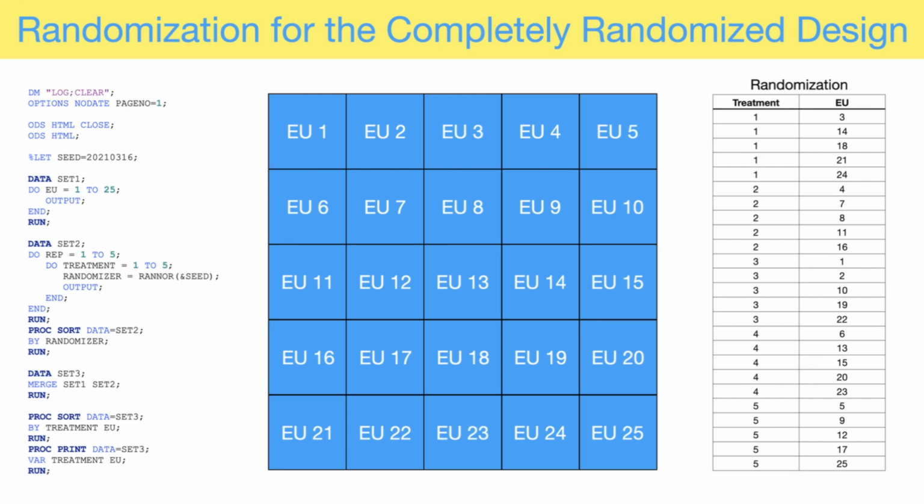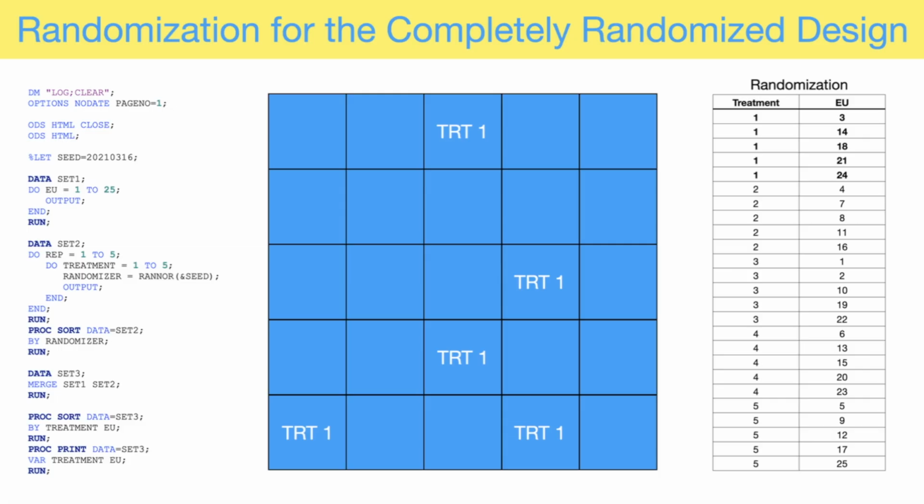And so I've got the experimental unit numbers in the second column showing us which experimental units each of the treatments is assigned to. For example, we see that treatment 1 is assigned to experimental unit 3, experimental unit 14, experimental unit 18, experimental unit 21, and experimental unit 24. Treatment 2 is assigned to experimental units 4, 7, 8, 11, and 16.